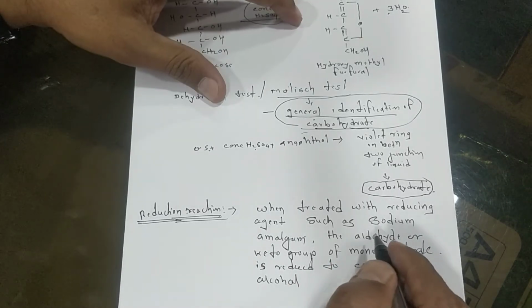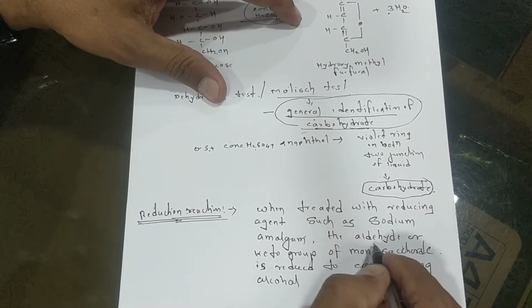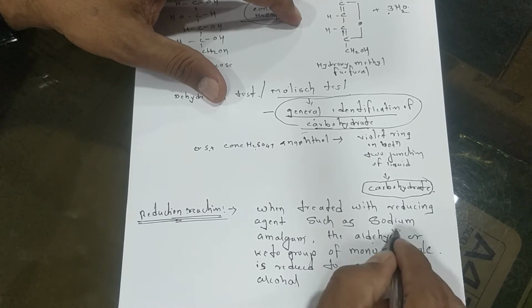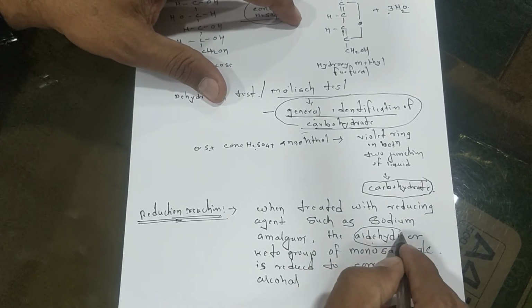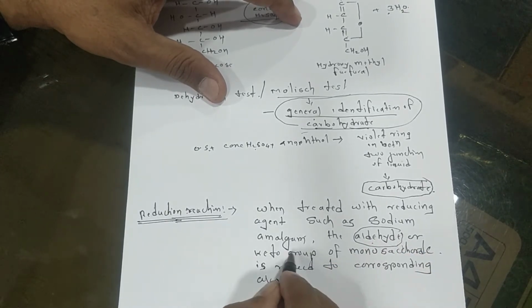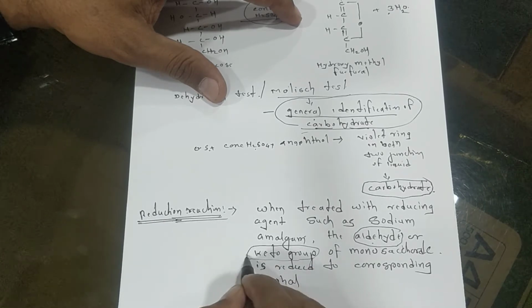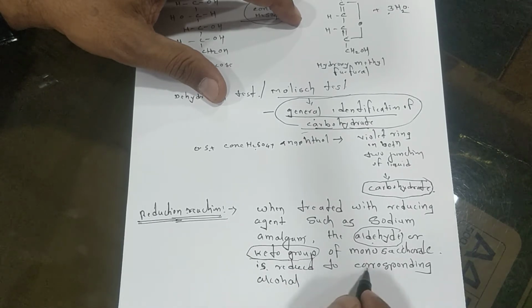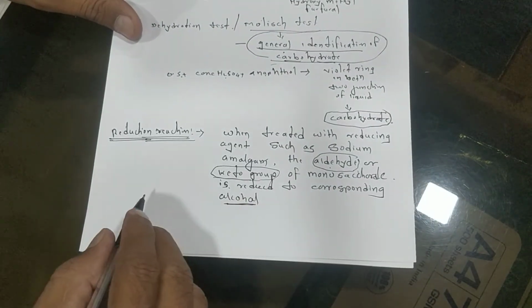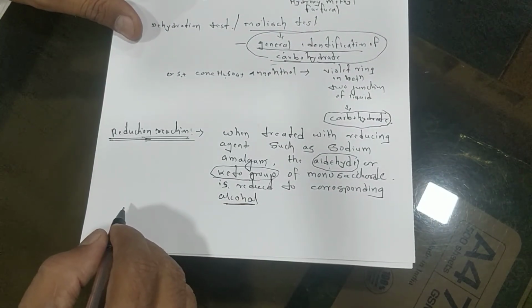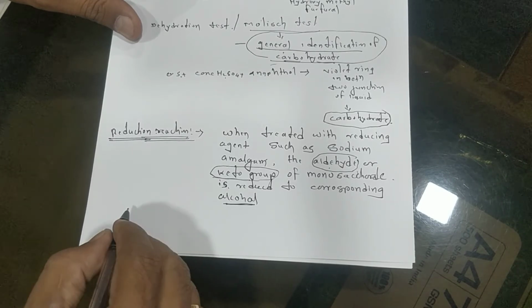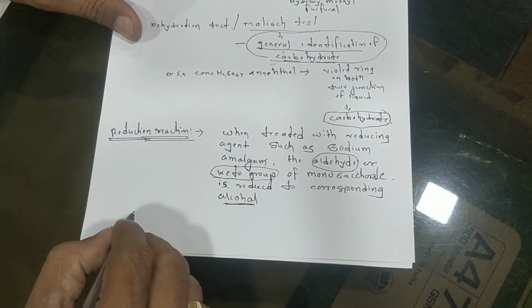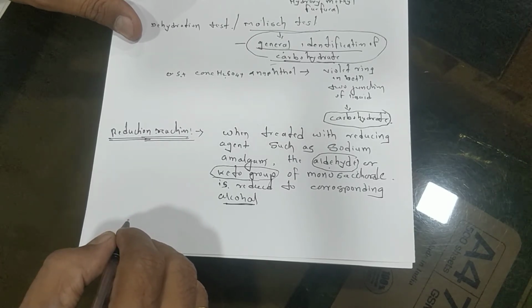Now the reduction reaction takes place in the monosaccharide: those having an aldehyde group, that aldehyde group changes; those having a ketone group, that ketone group changes, and it gives the alcohol. Now see it for the glucose reaction.